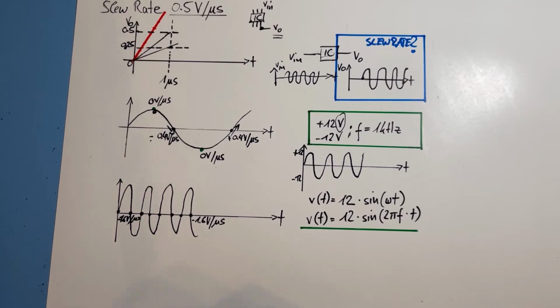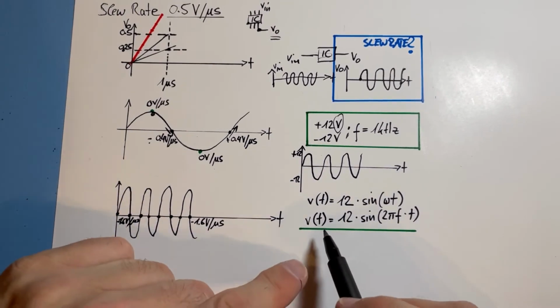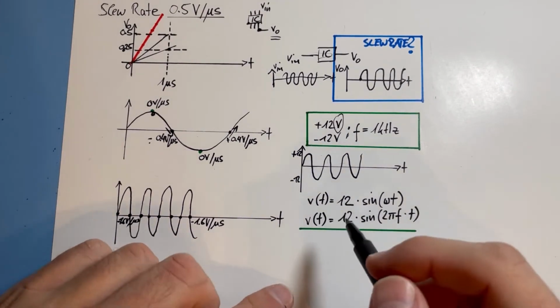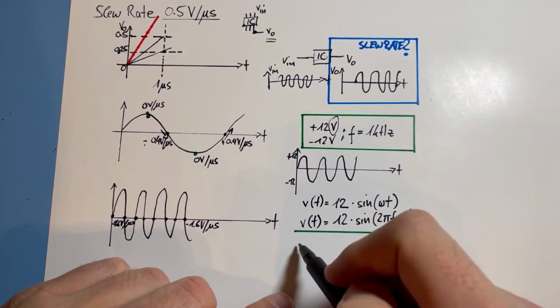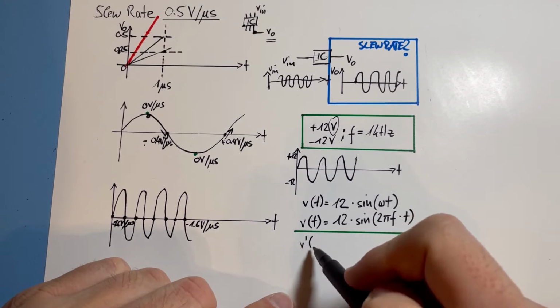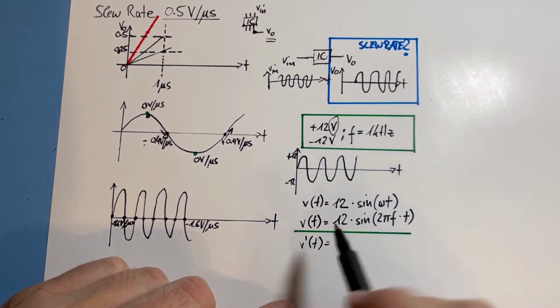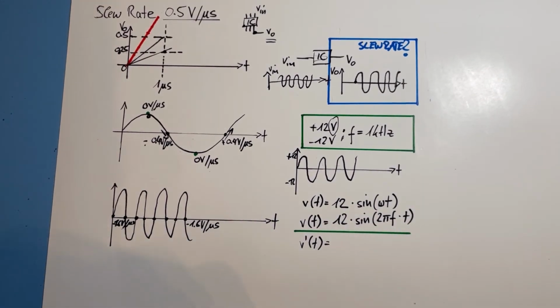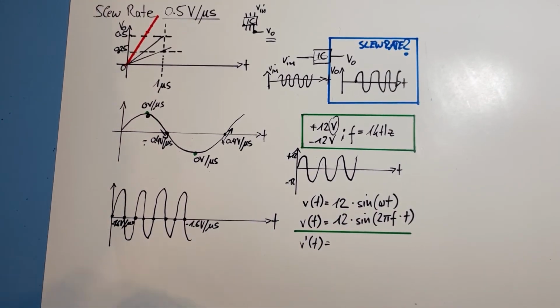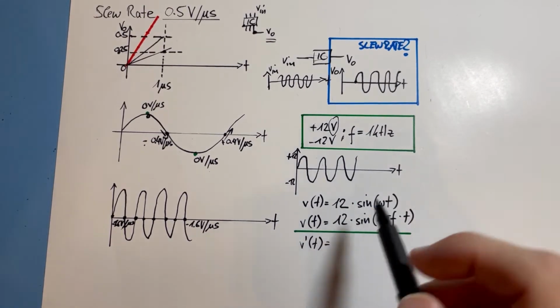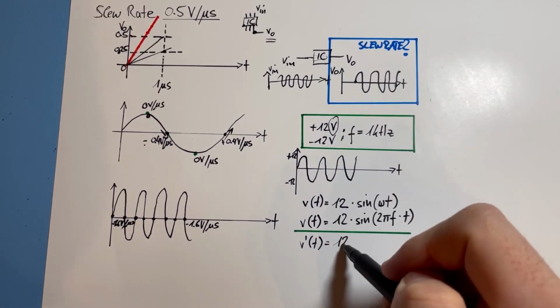In mathematics, there is a nice way to calculate the change, and it's called the derivative. So the derivative of the voltage over time is, okay, now the question is, how does one calculate that? That's basic calculus. I won't go into details here.